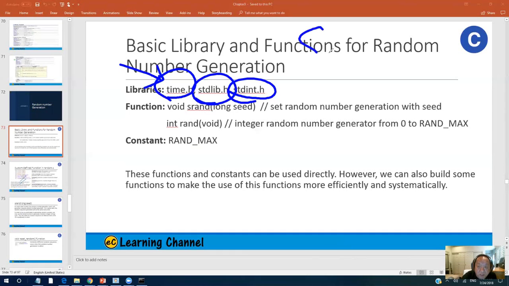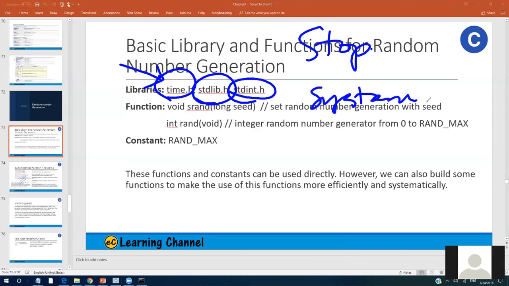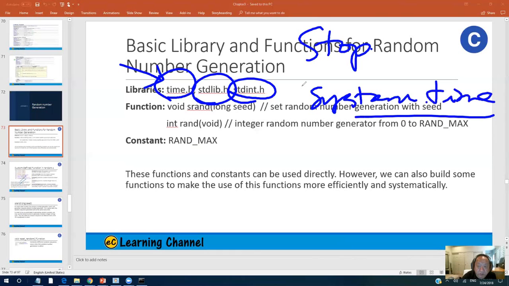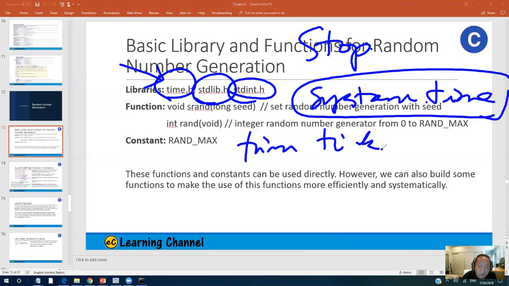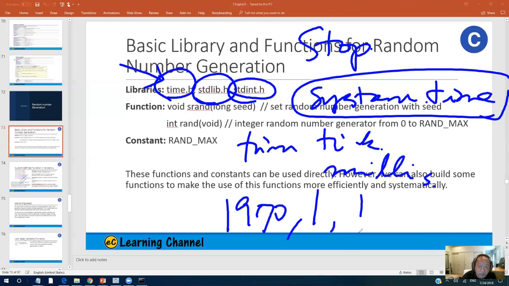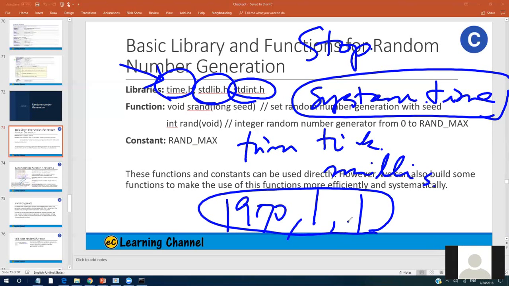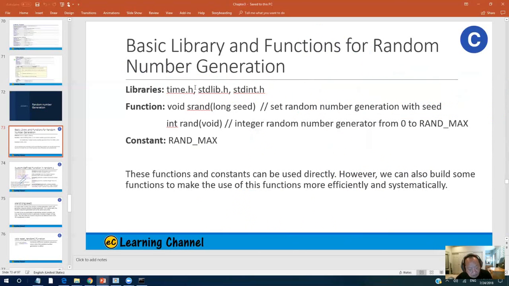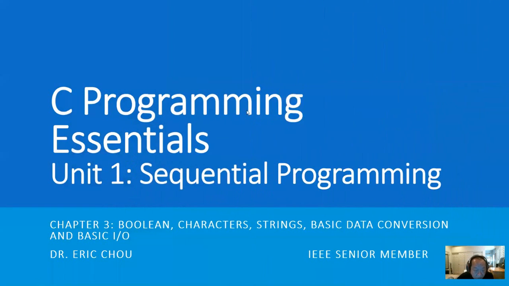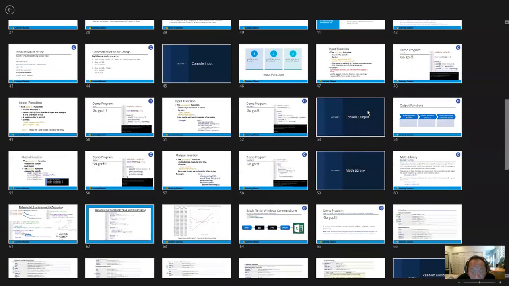You can use it as a stopwatch, and you also can get the system time. Okay, and what does system time represent in time.h? It's actually a time in ticks, and one tick is actually 1 millisecond, since the year 1970, January 1st, right? Remember that one? Okay, good. At least you know this part. That's good. That means you really understand something.